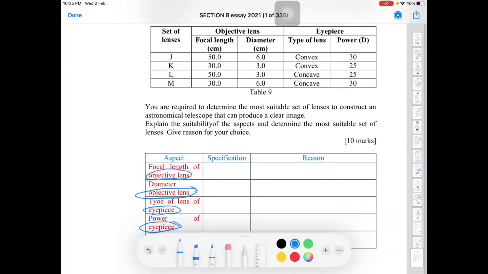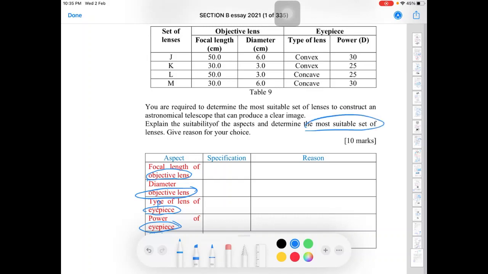Kalau kamu tak tulis salah sebab dia ada 2 lens yang berbeza. So you have to write: focal length of objective lens, diameter of objective lens, type of lens, eyepiece, power of eyepiece. Mesti tulis.